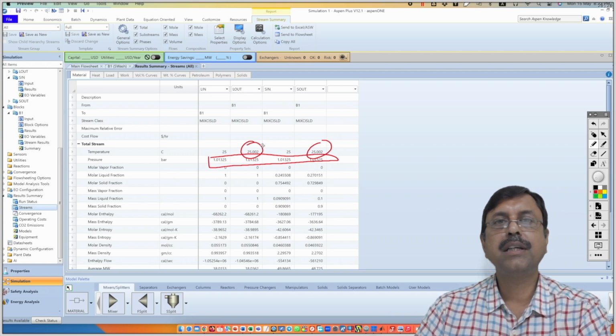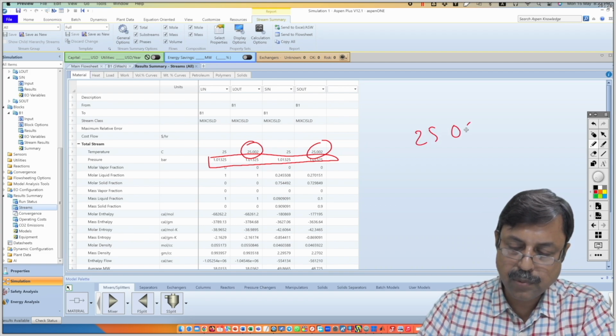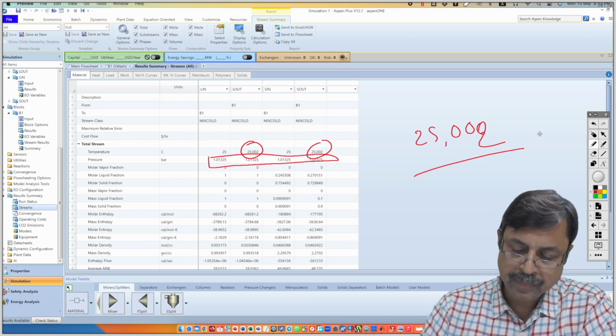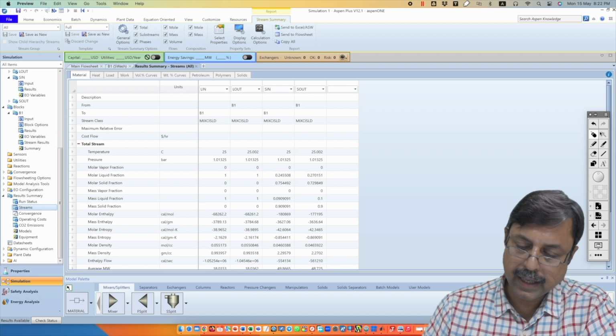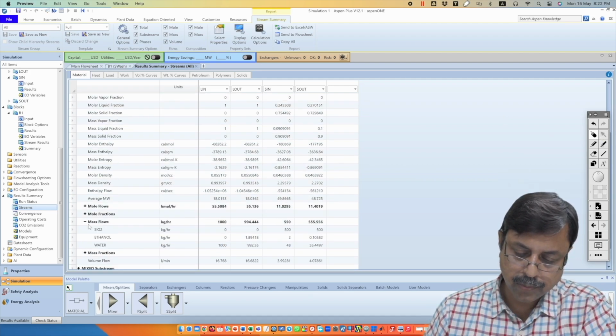So in the flash condition, the output has been calculated as 25.002. Although the temperature changed, it is very minimal. So this information is there. And what about the mass flow? Check the mass flow.